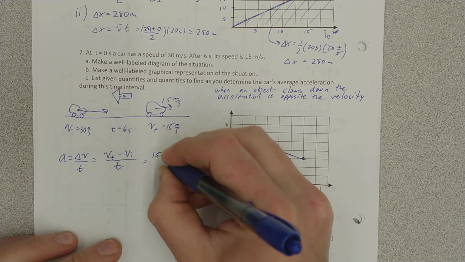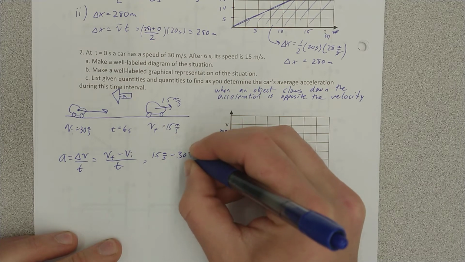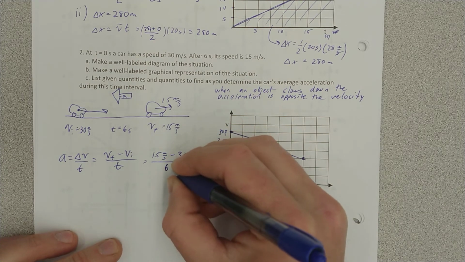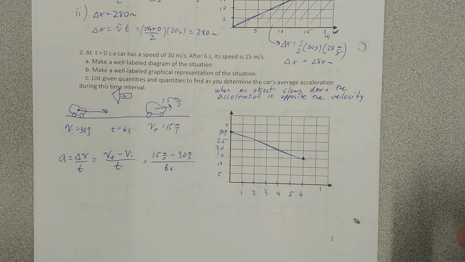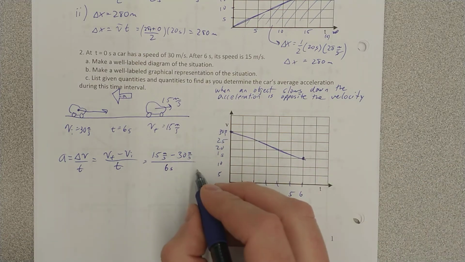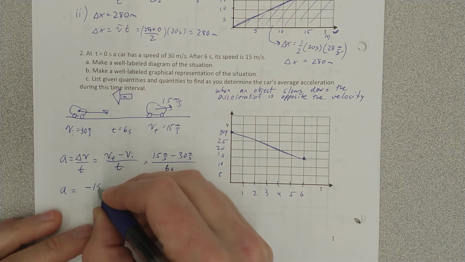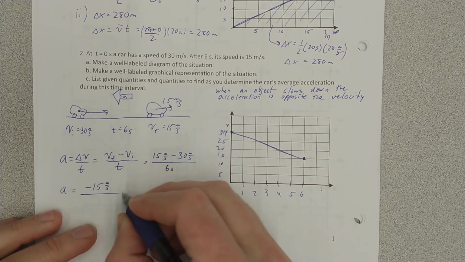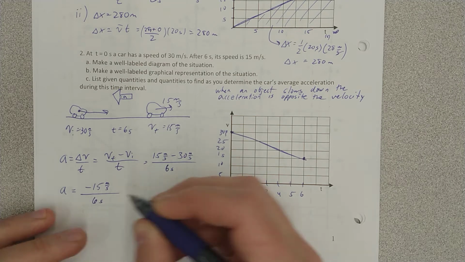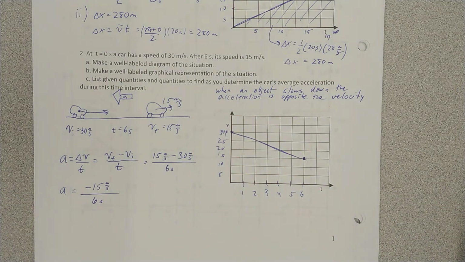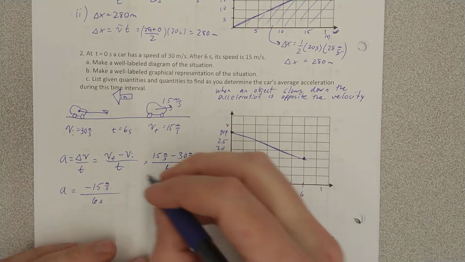So it's 15 meters per second minus 30 meters per second over 6 seconds. 15 minus 30, that's negative 15, so it's losing 15 meters per second in 6 seconds. And 15 divided by 6, oh, I guess that's like 2.5.